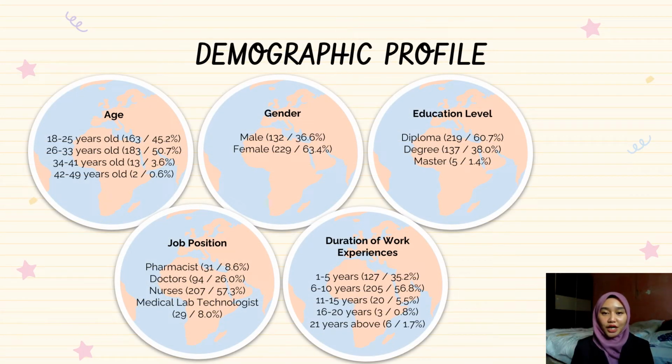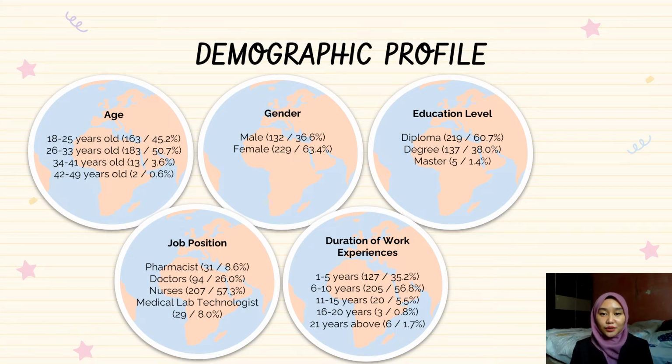Next is demographic profile. The first one is age. My respondents come from 26 to 33 years old, which is 183 or 50.7%. Second is gender. Between female and male, the female is the highest, which is 229 or 63.4%.